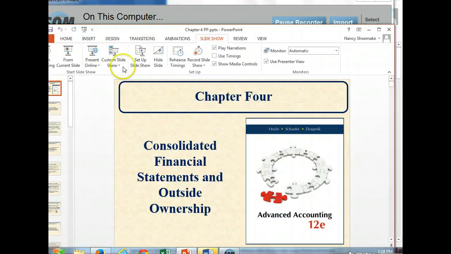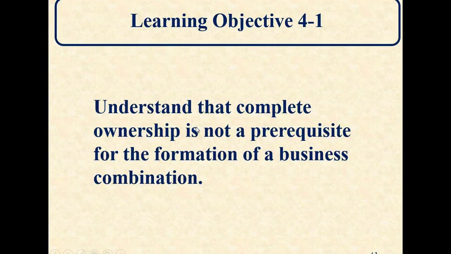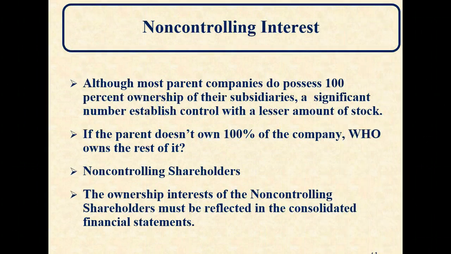In this chapter, we're going to talk about purchasing a company where we don't have true 100% ownership. You don't have to have 100% ownership to own a company. Generally, the parent will own a certain percent of the company.